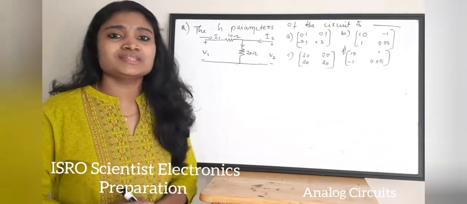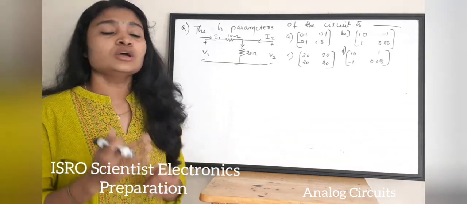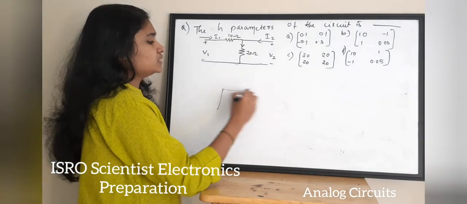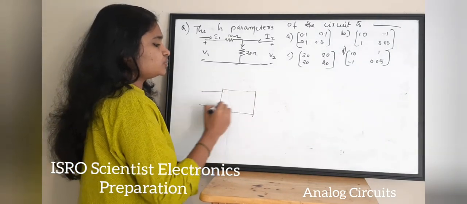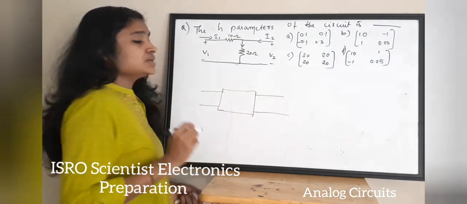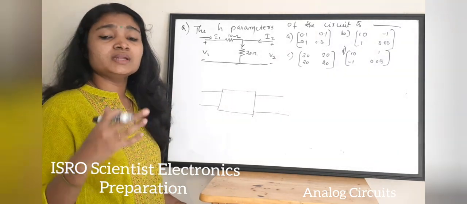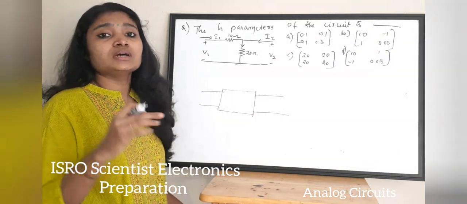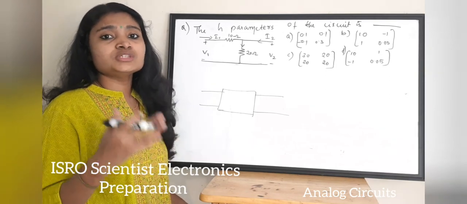H parameters means hybrid parameters, and for a two-port network, which consists of an input and an output port, the H parameters are obtained by exciting the circuit with current I1 and voltage V2.